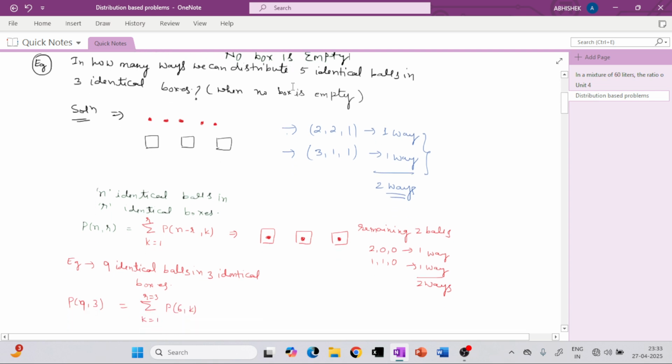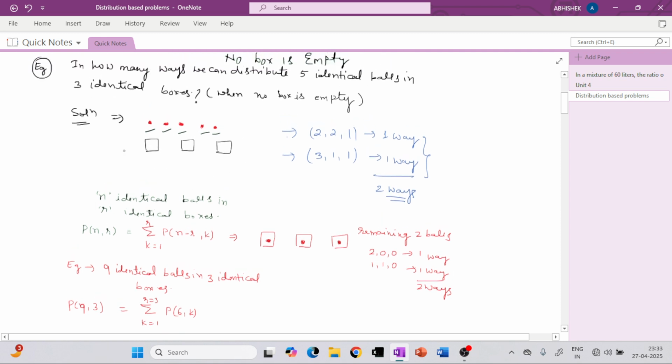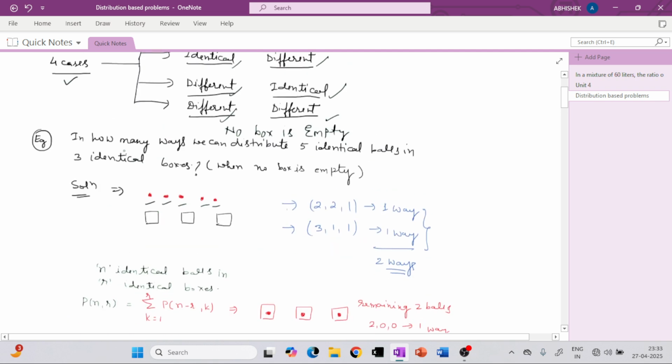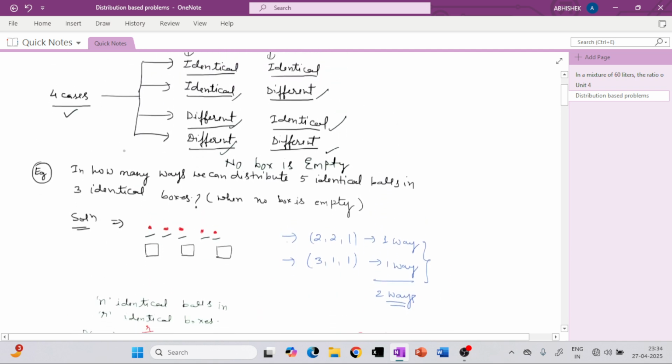Okay, so as we can see, there are five identical balls, and now we have to keep these balls in three identical boxes. So the first case is identical to identical.